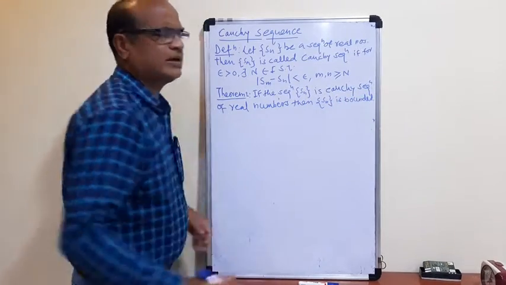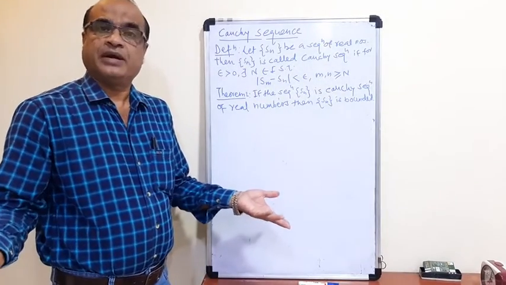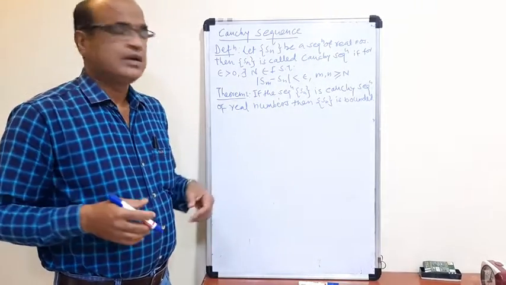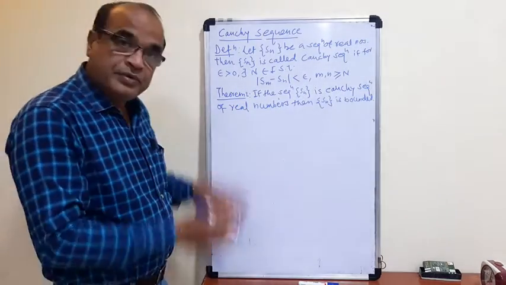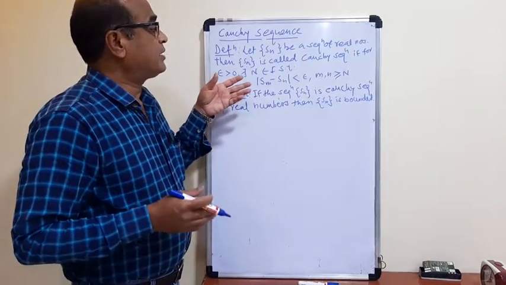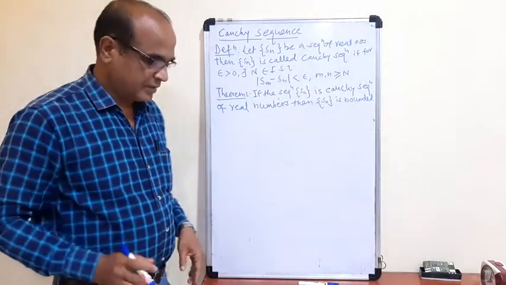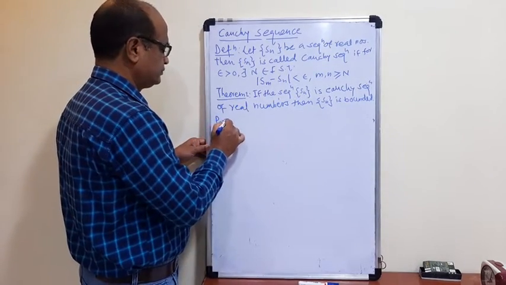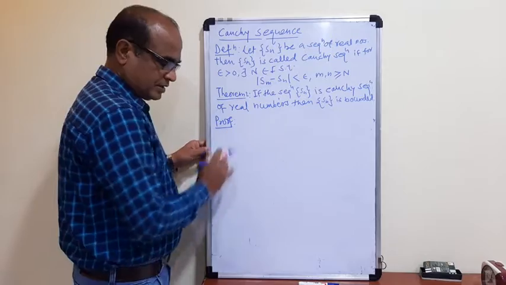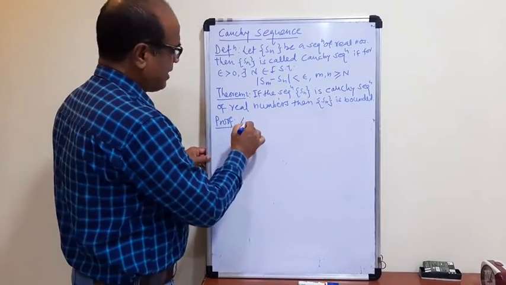So we already know that every convergent sequence is bounded. Okay, so we know the theorem: every convergent sequence is bounded. But we prove here that a Cauchy sequence is bounded. So what is the proof? What is given?